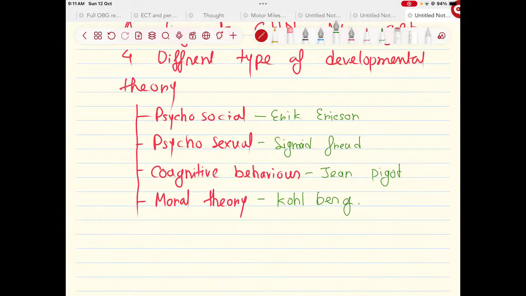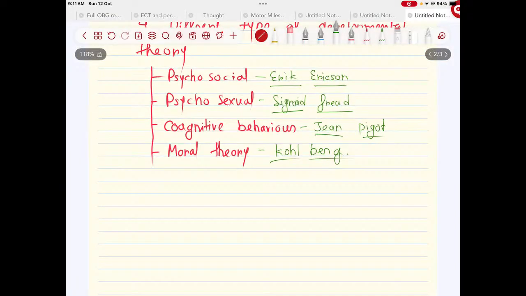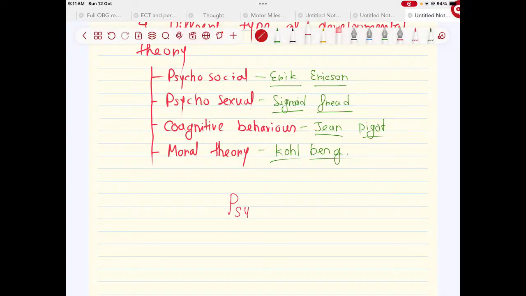So these four, they are the scientists or psychologists, those who gave all the theories. So first we will discuss which one? The psychosocial theory. Who gave it?